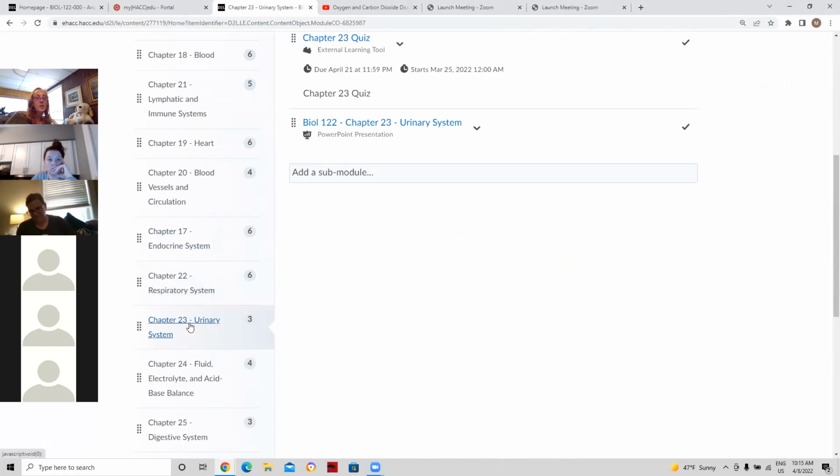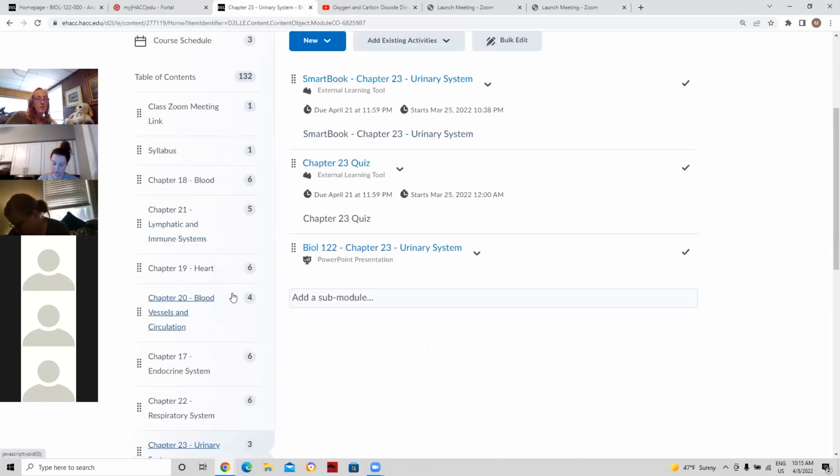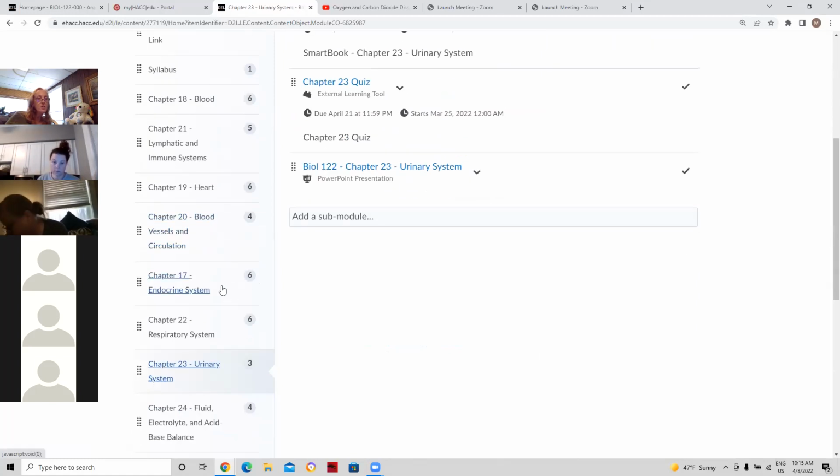So they're working hand in hand. My goal is to finish the urinary system today. Your second exam will open up tonight. And it will cover the endocrine system, the respiratory system, and the urinary system.